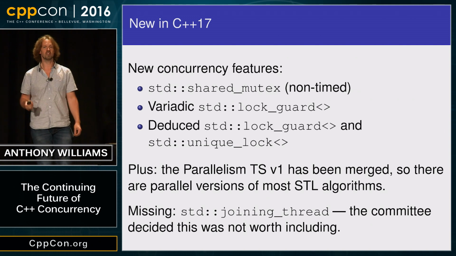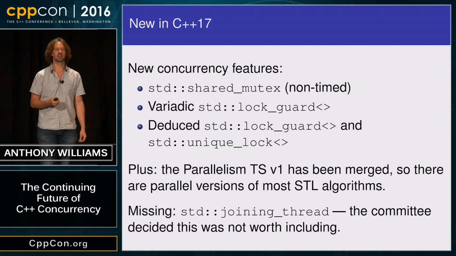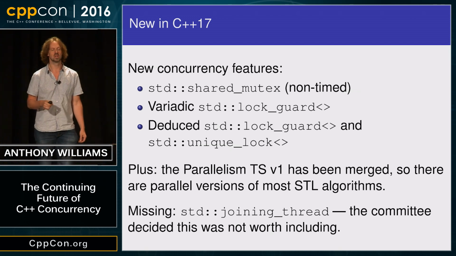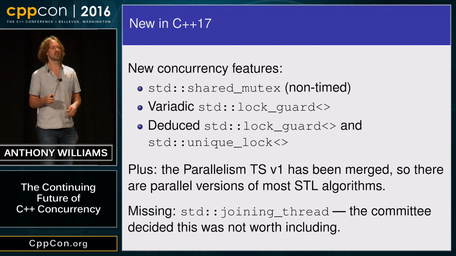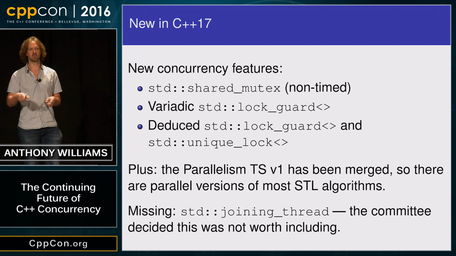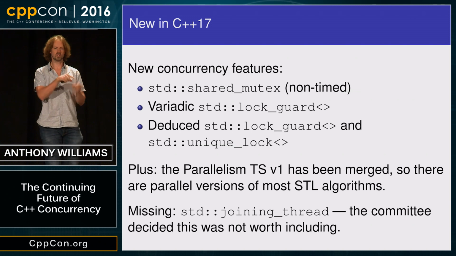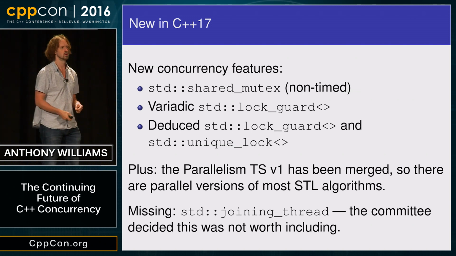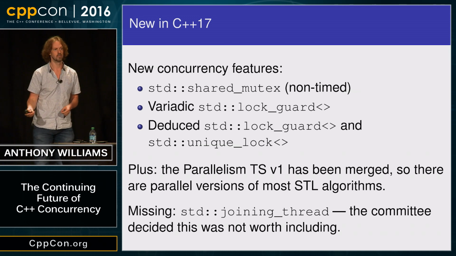We've got a new variadic version of standard lock guard, and then a nifty C++17 feature, which is not a concurrency feature, but it works nicely. And that is that you can deduce your template arguments for class templates from their initializer. So standard lock guard doesn't require you to specify the mutex type anymore. And neither does standard unique lock, or standard shared lock for that matter.